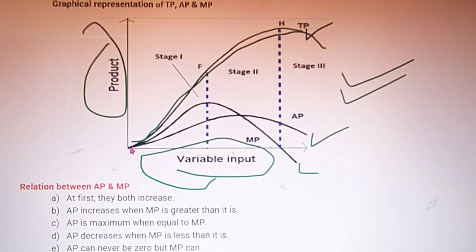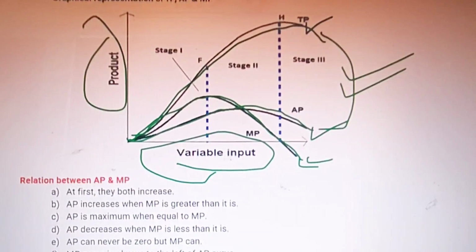And AP is average product. First it increases, and after the second stage it falls down. When we observe the marginal product curve, it first increases and then it falls down and becomes negative. You must remember that TP and AP cannot be negative, but only marginal product becomes negative after a certain time.